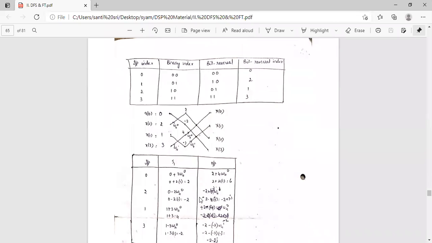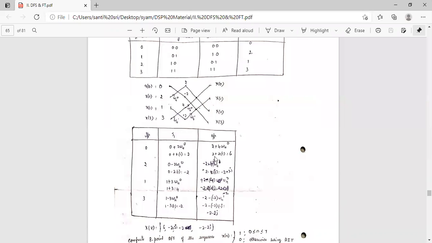So simply X of 0 is 2 plus 4, which is 6, that is the first value 2 plus 4 into W4^0.